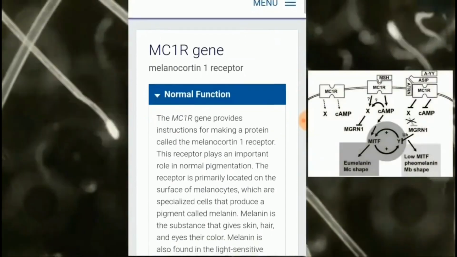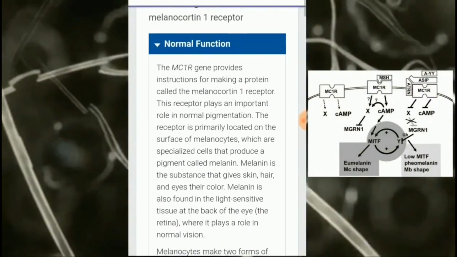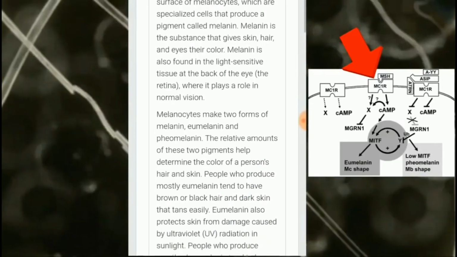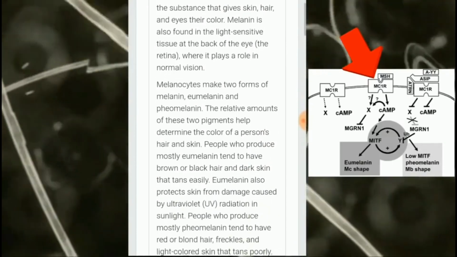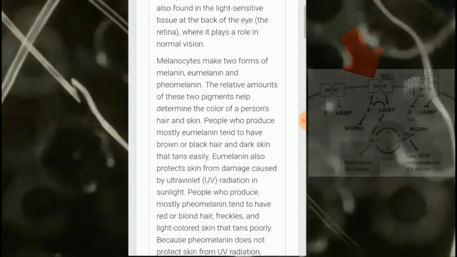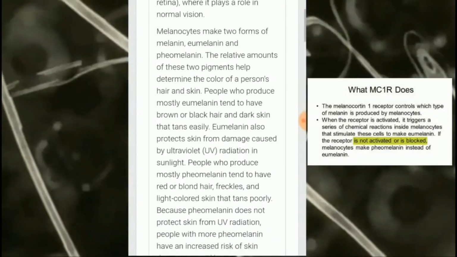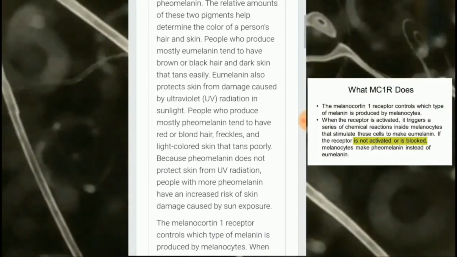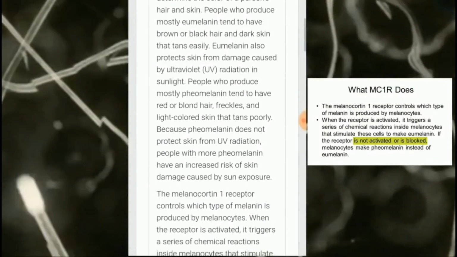It sits right on the surface of the human melanocytes. Basically, when this receptor is active, it causes the human melanocytes to produce eumelanin. When the receptor is inactive, or when it's blocked, the melanocytes form pheomelanin.